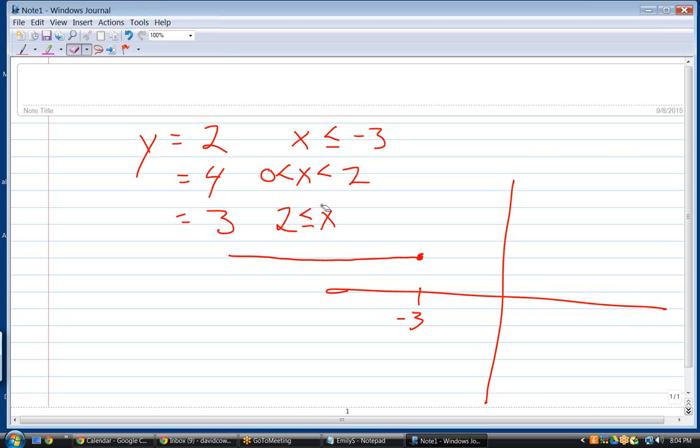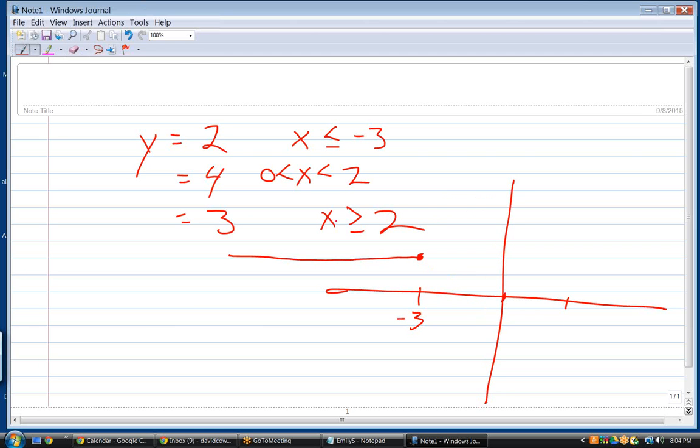Okay, that's fine. So let's look at this interval. The last one is x greater than or equal to 2? Yes. So this interval here is not represented, so there's not going to be any points there.